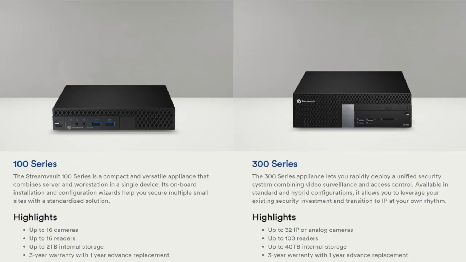Typically in really small applications where high availability and high levels of redundancy aren't necessarily required, we would say, if you're using a StreamVault 100 or StreamVault 300 appliance, Genetec will give you Softwire to run on that box. What are the advantages and disadvantages of doing it that way, with no physical CloudLink, just running Softwire on an SV100 or an SV300?